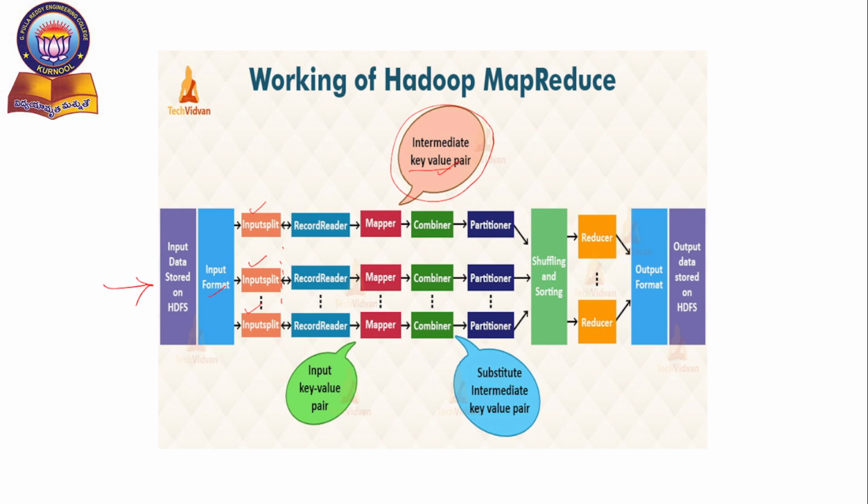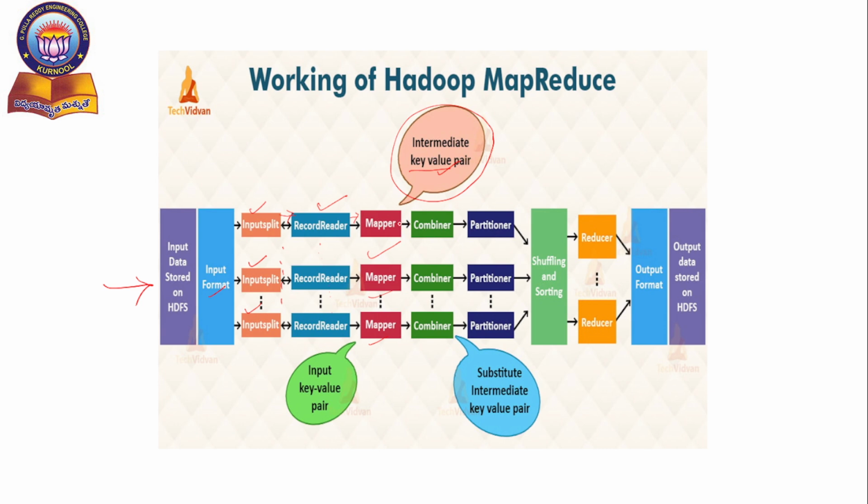Once the input splits have been generated, they will be passed through the record readers available in the cluster. Then the input will be transferred to the mappers, n mappers based on the n nodes in the cluster.